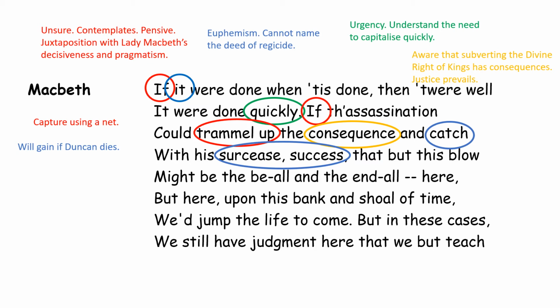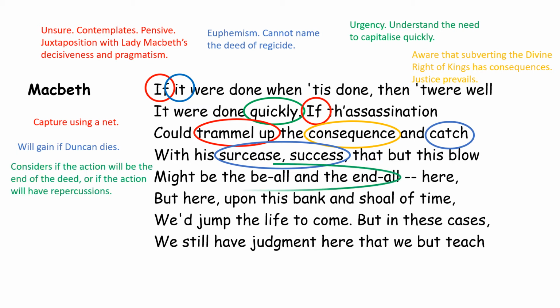So, "and catch with his surcease success, that but this blow might be the be-all and the end-all." He's contemplating whether or not this murder will be the end of the story. I commit the murder, then I'm king, then I live happily ever after.